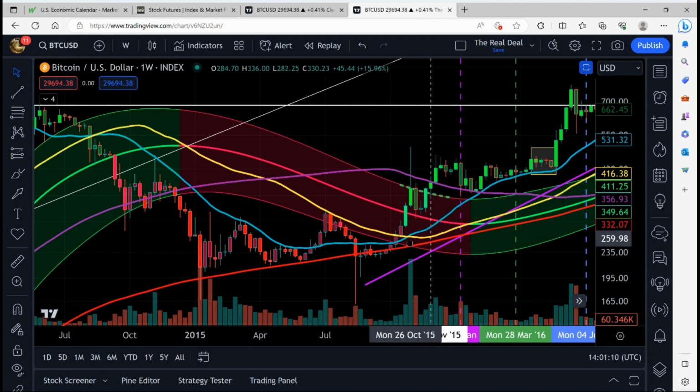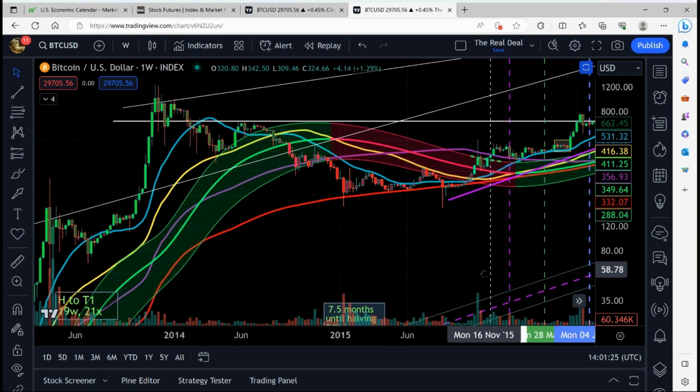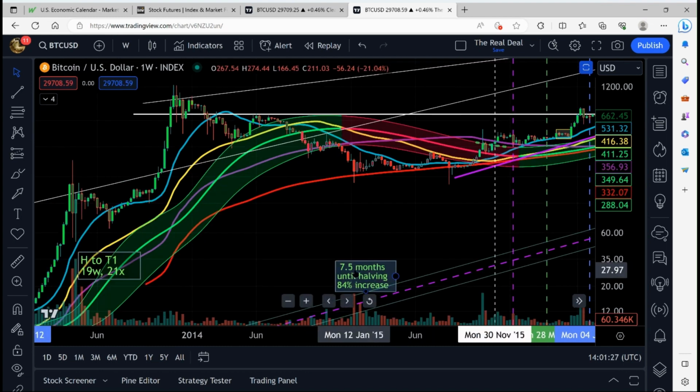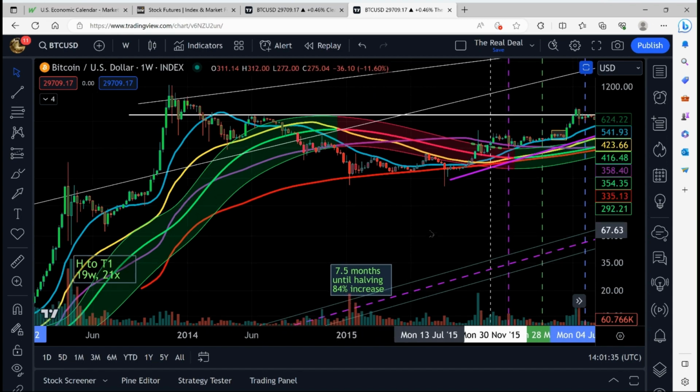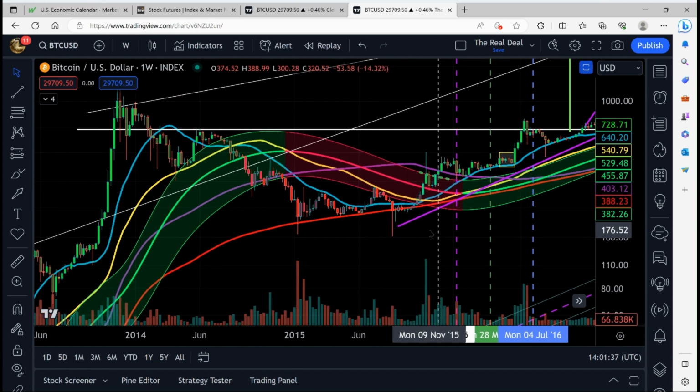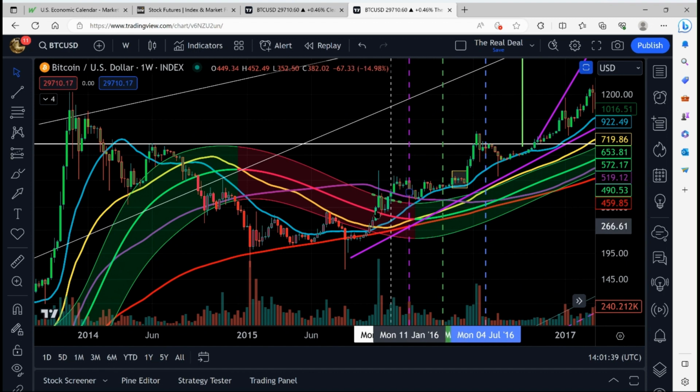Well, we started to maintain it as support as we moved through the weekly Gaussian channel, but we were still below the 100. So remember that, we're below the 100 here, came up through the Gaussian channel. And here, when we did that, we came up through there 7.5 months before the halving, and there was an 84% price increase in Bitcoin.